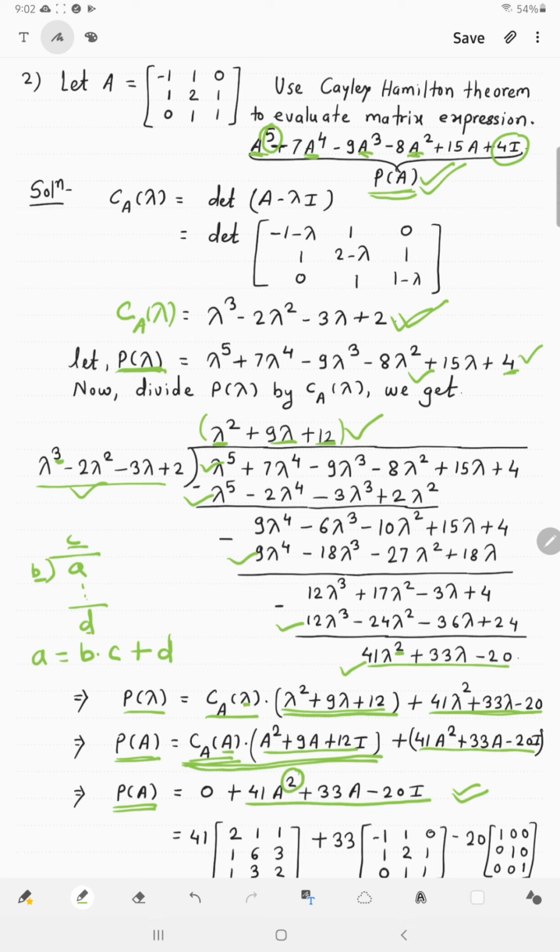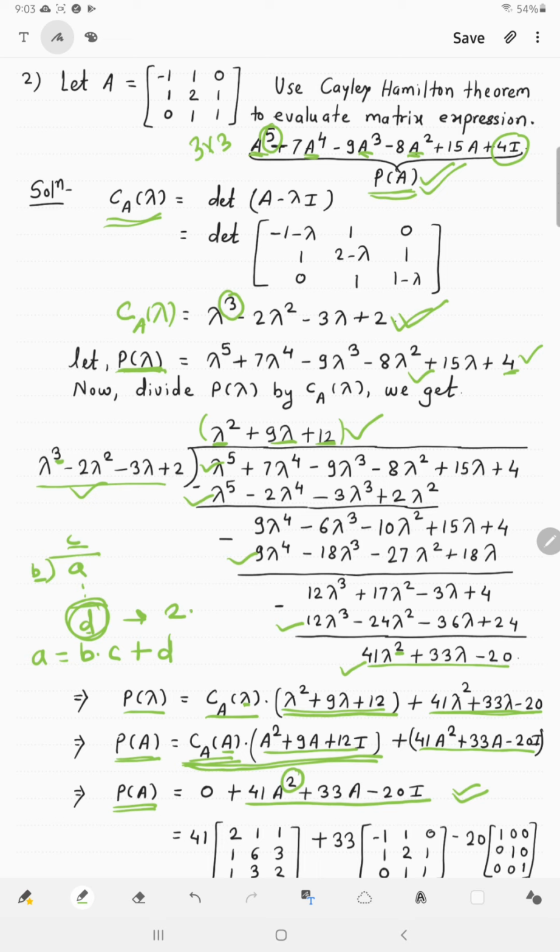Because every time, suppose there is a 3 by 3 matrix, the characteristic polynomial will obviously have maximum degree 3. So as the maximum degree is 3, the remainder will have a maximum degree of 2.